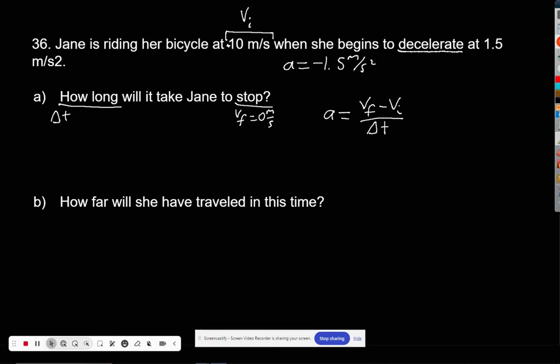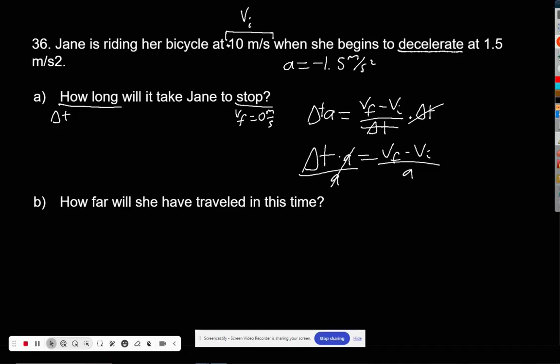So to get time by itself, right now it's underneath a fraction, which is a problem. I can't find time unless I get it up top first. So I'm going to multiply both sides by change in time. So these times will cancel, and we end up with time times acceleration equals change in velocity. Then to get time by itself, we'll divide by A.